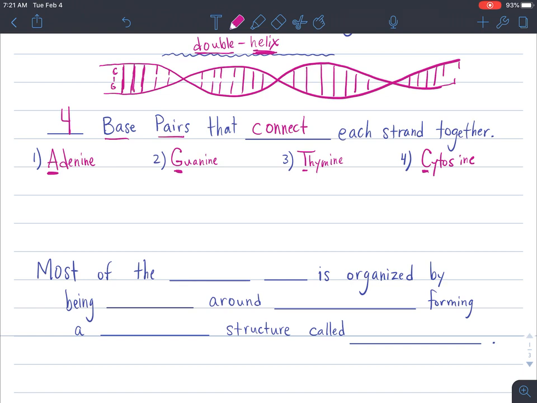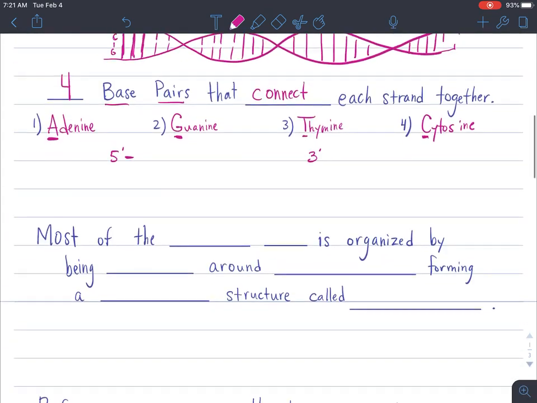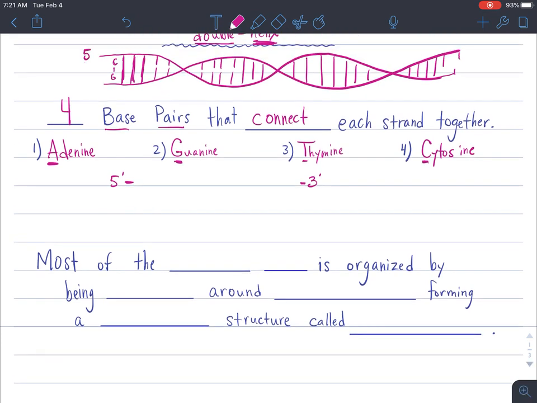So if we know one strand of DNA, I always like to draw 5 prime, because when we look at a DNA molecule, we have to know how to read it. And the way that we read it is we read it from the 5 side to the 3 side. And so what that means is as we go from the 5 side of this molecule to the 3 prime side of the molecule, we're going to read those base pairs.